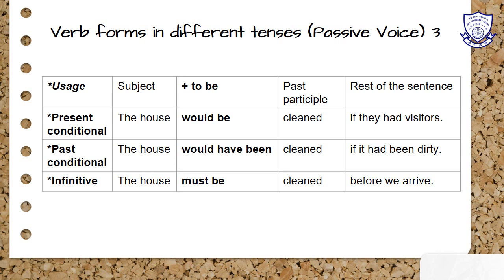So the first one is present conditional. That means it is a kind of if clause, but under this present conditional situation, both the if clause and the main clause should be written in simple past tense.